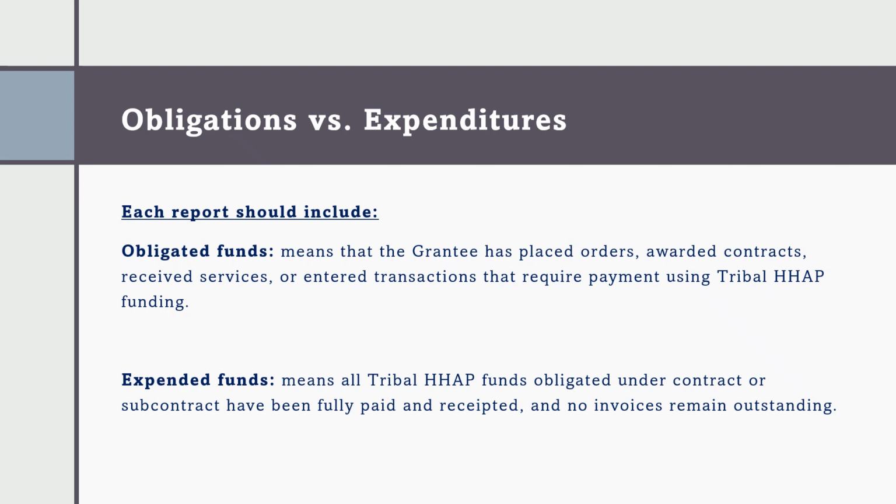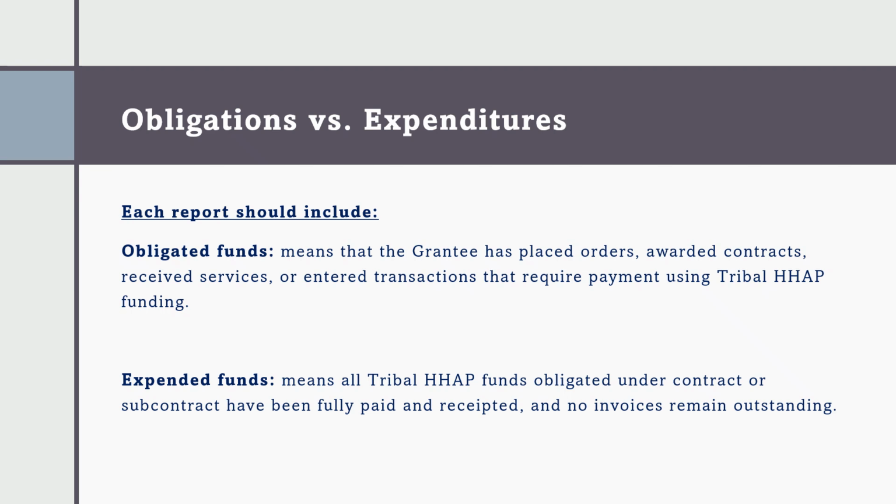The other column will ask the grantee to share their expended grant funds, which means any funds under contract or subcontract being fully paid and receipted and no invoices remain outstanding. One example of the difference between obligated and expended is if the grantee allocates $10,000 of their grant towards street outreach and pays for gas, which is an eligible expense.